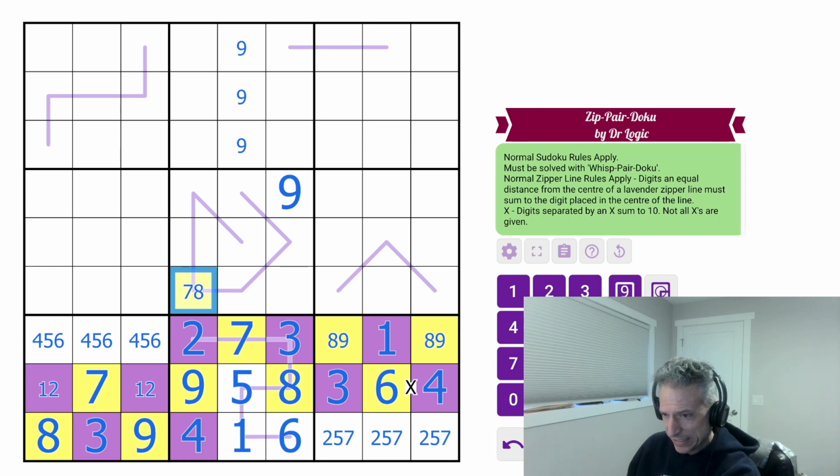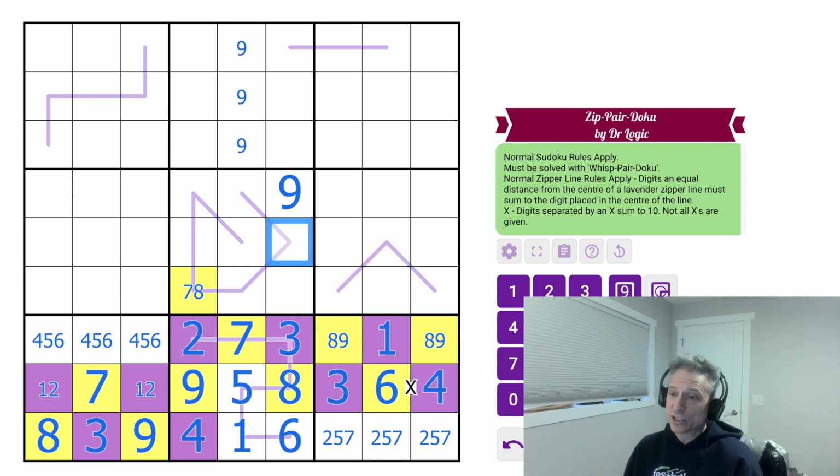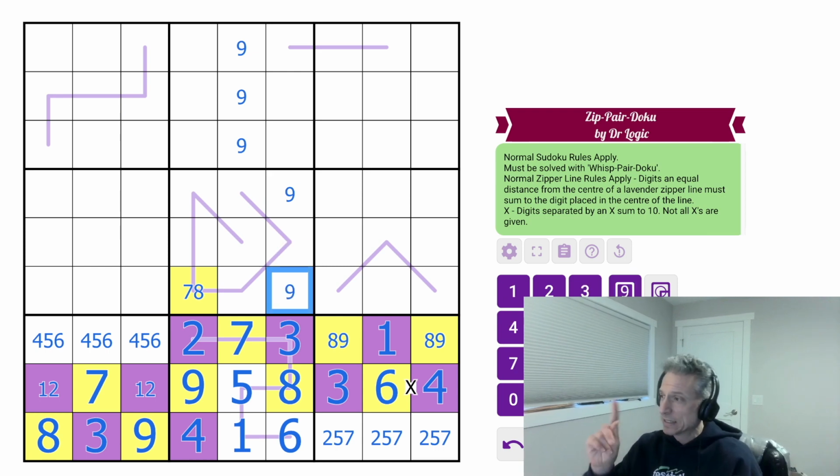We know 9 can't go at the 7, 8 cell in box 5, which is my center. And so the 9 is forced into cell 3. Nope, nope, nope. Okay, this is right. Sorry, I did have it wrong. I second guessed myself and then I second guessed my second guess.